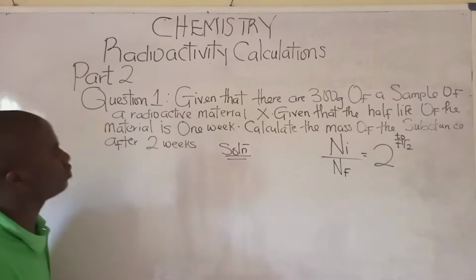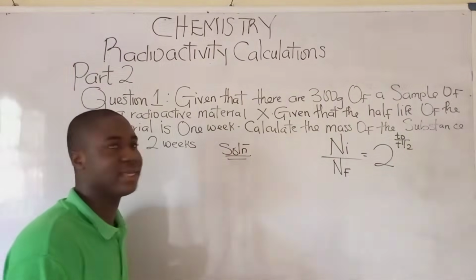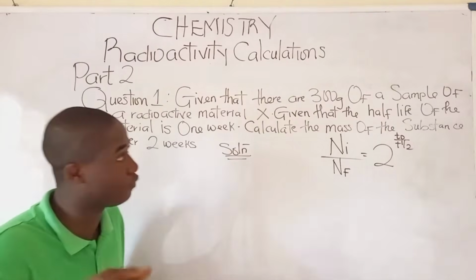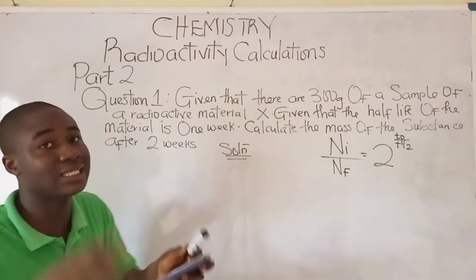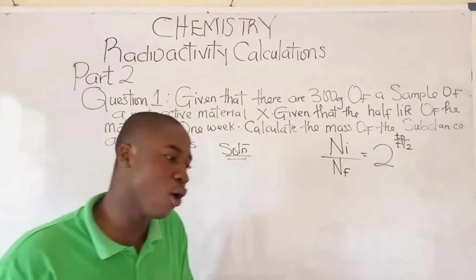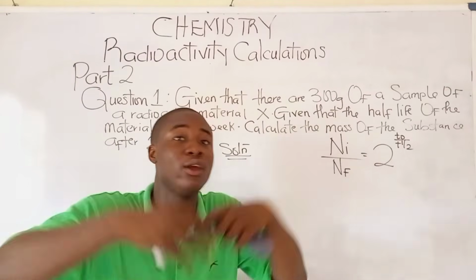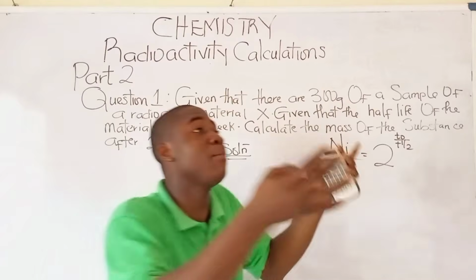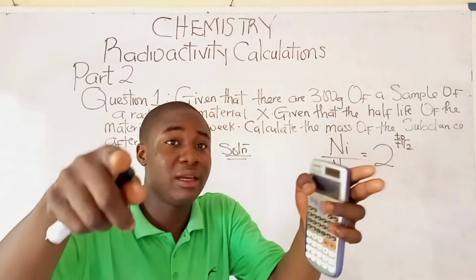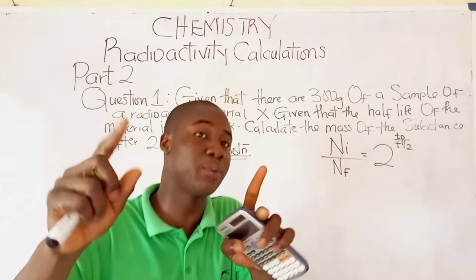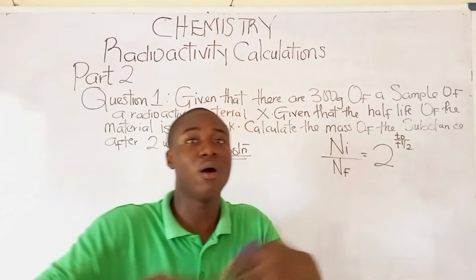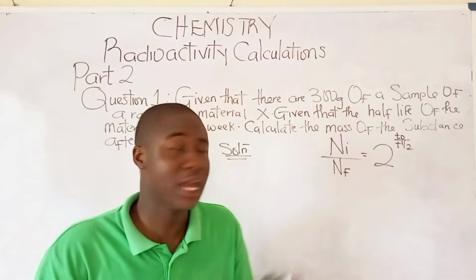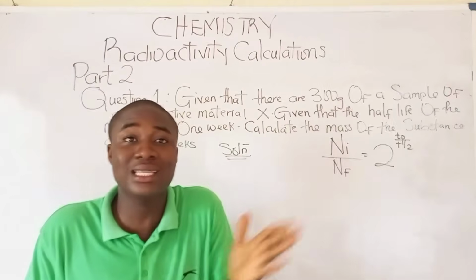Now, the question says, given that there are 300 grams of a sample of a radioactive material. Now, recall under Boyle's law or under any of the gas laws, any of these volume or pressure or temperature we see first will basically be our first pressure or first volume or first temperature, as the case may be. So in this case, it applies the same way.